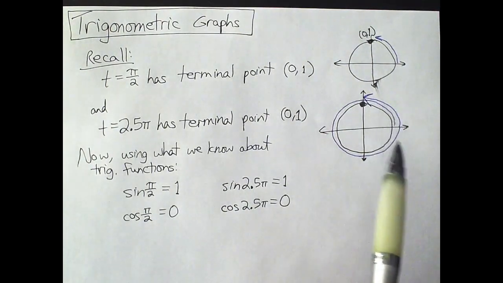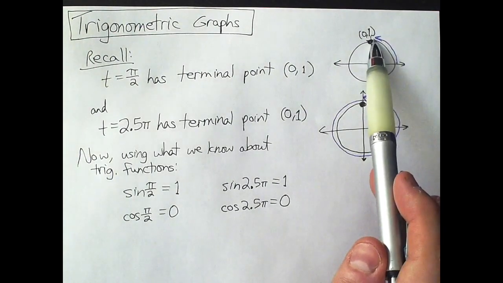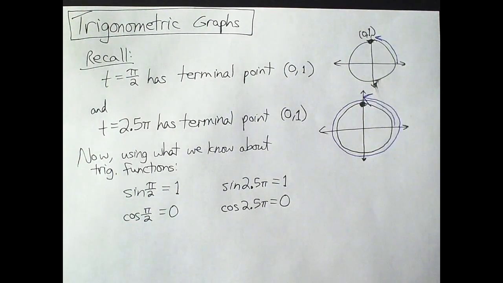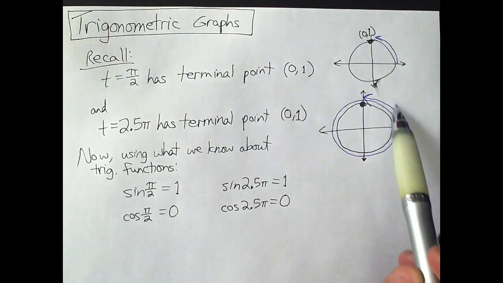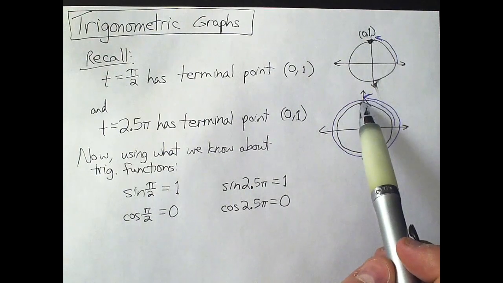In this little example, I showed you pi over 2, one of the common t values that we might use. Then I showed you what it looks like if we do one extra lap around the unit circle and wind up at that same point.